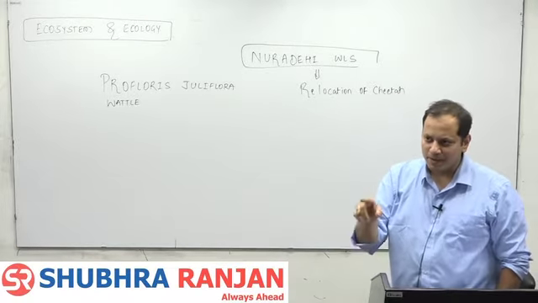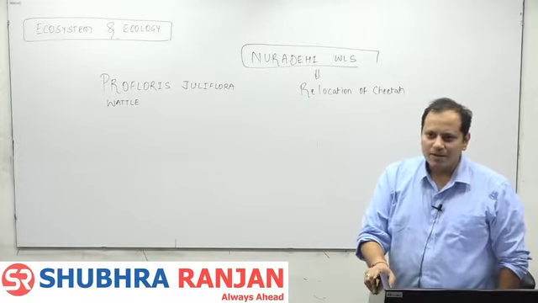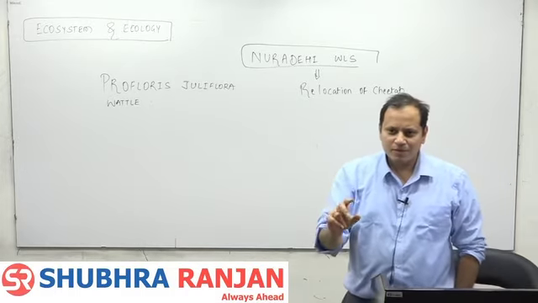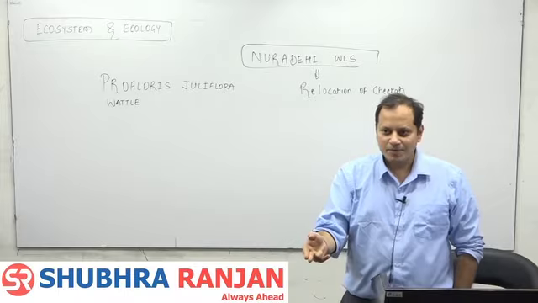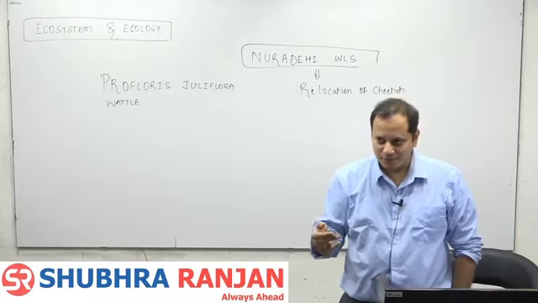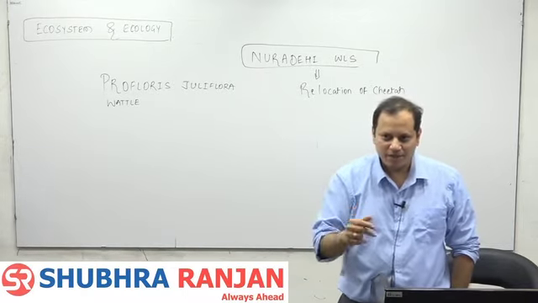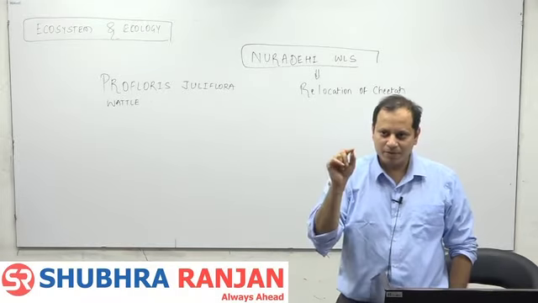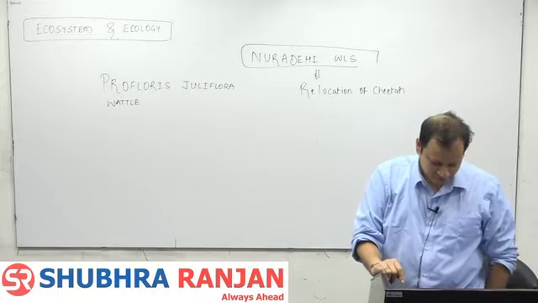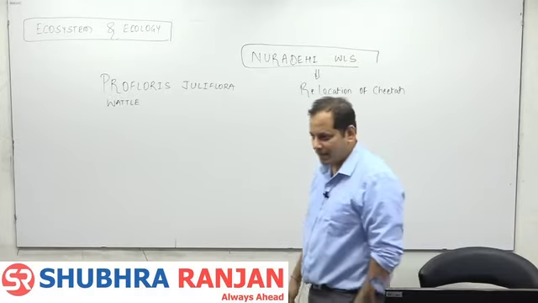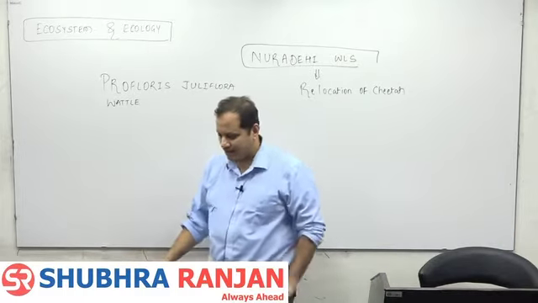Why? Because it is lichens. Because the nutrition of the roti is finished, the fungus goes into symbiotic association with algae, so that algae will manufacture the food and the fungus will give it space. That symbiotic association between algae and fungus is lichens. What is the answer? B. Between algae and fungus is lichens. Okay?